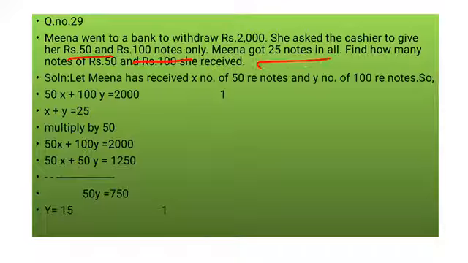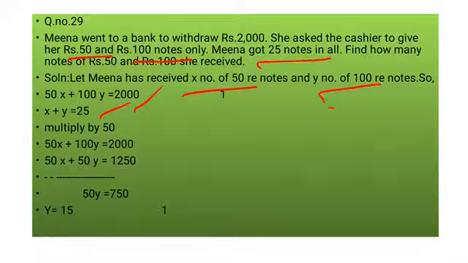Find how many notes of rupees 50 and 100 she received. Solution: first we suppose Meena has received x number of 50 rupee notes and y number of 100 rupee notes. So 50x plus 100y is equal to 2000, and x plus y is equal to 25.